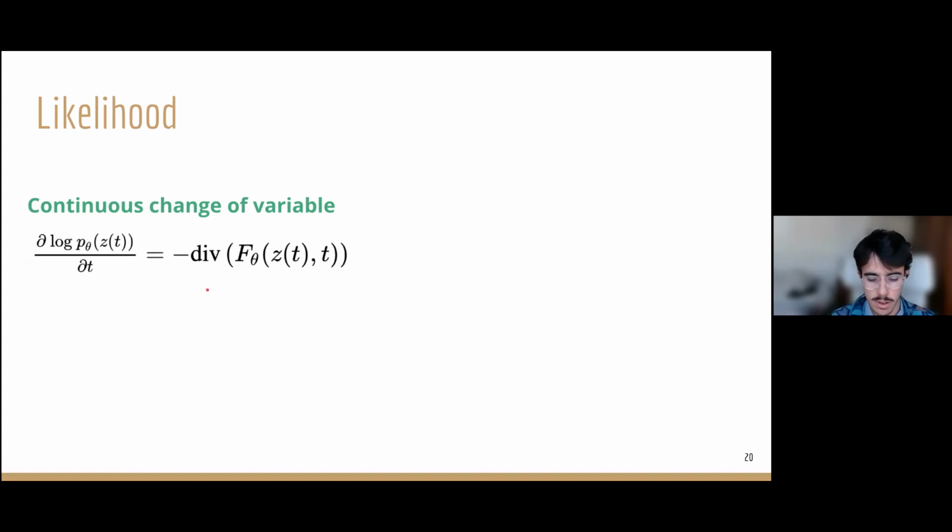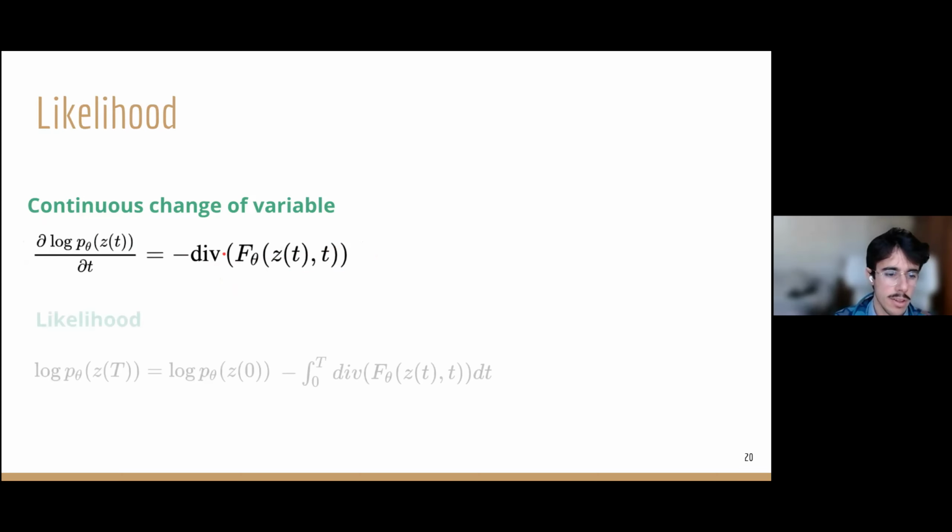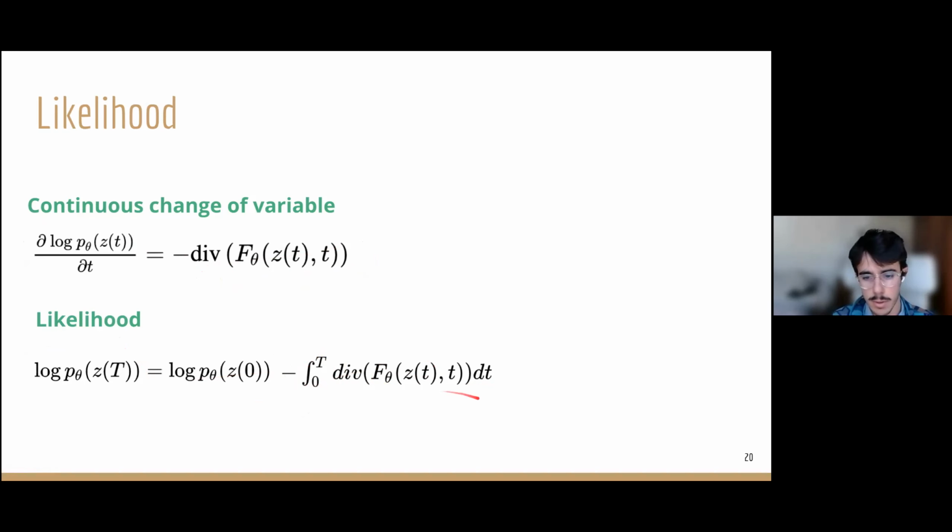So this is just the continuity equation, or can be seen as a Fokker-Planck or the Kolmogorov forward equation without the diffusion coefficient. And then one can integrate this over the trajectory to get the new density. So in practice this will be approximated, given the different steps taken by your ODE solver.